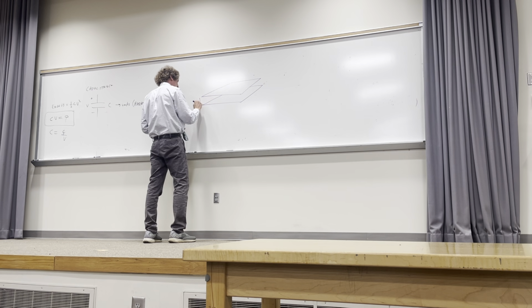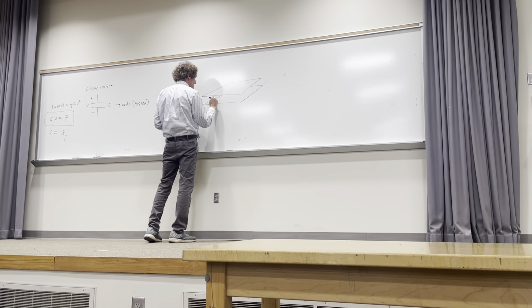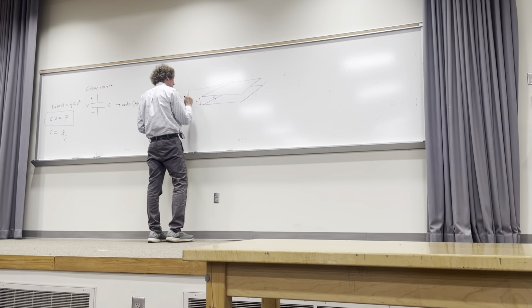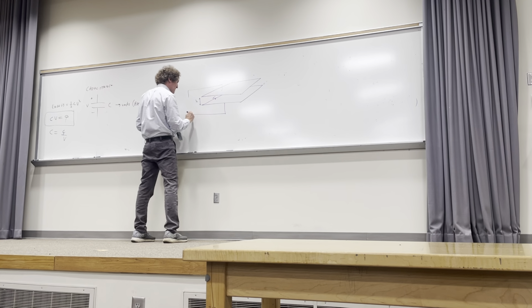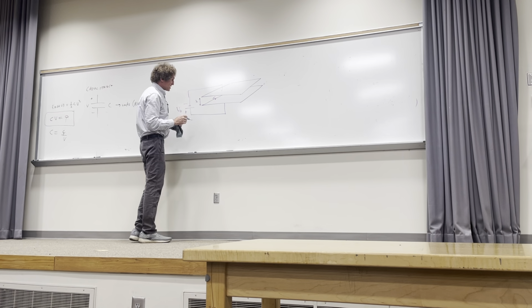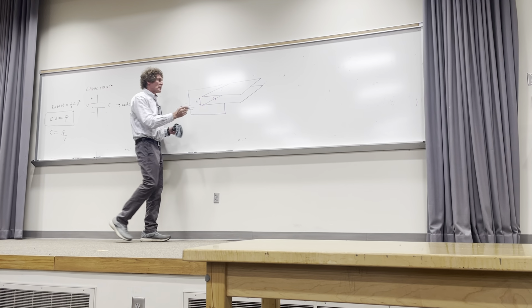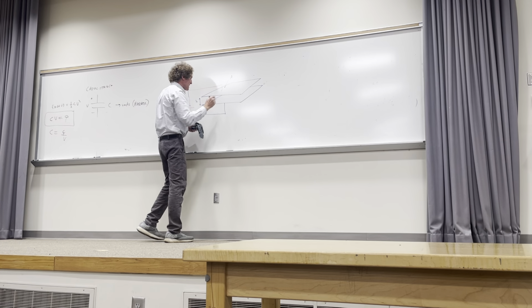And the distance between them is H. I'm going to say between them it has a dielectric, epsilon relative. And I'll put a plus-minus voltage V naught on here. So you've got 2 plates with a separation of H, both with surface area A.